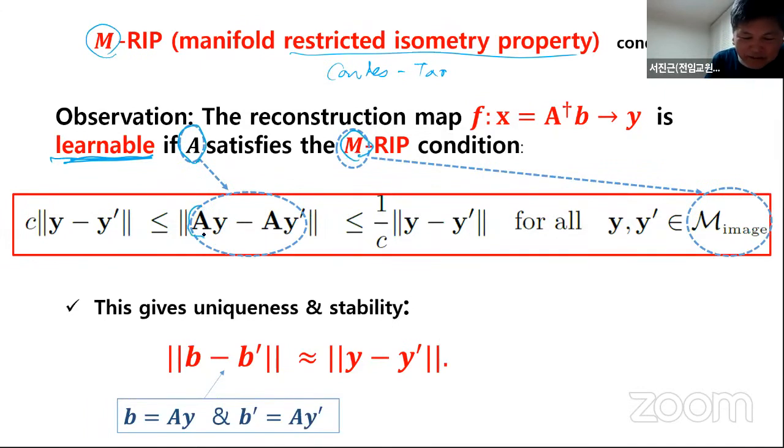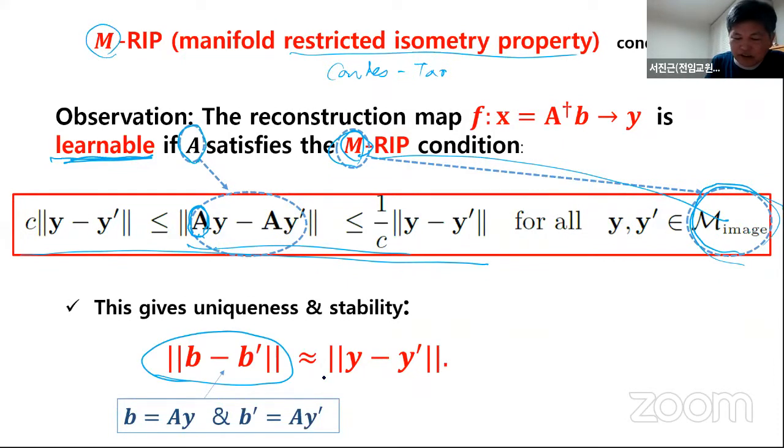A, this matrix of the undersampled, underdetermined problem, the matrix A satisfies this identity for all M. Okay, two things: this one, and this condition. This gives uniqueness and stability. So this data is almost equivalent to this distance. What do you mean by that?